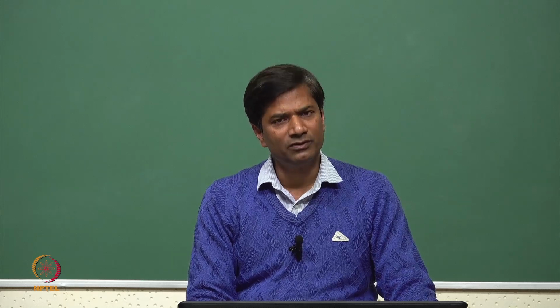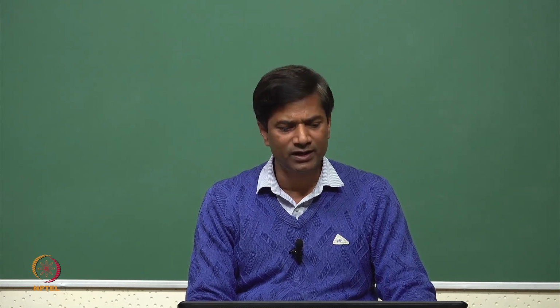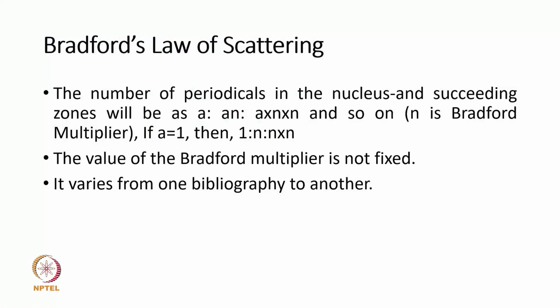The number of journals or periodicals in a nucleus and succeeding zones will be in the ratio of 1 : n : n square, because we have seen the geometrical progression. That means it would be like a is the nucleus, then after that it would be a n, then a n square.